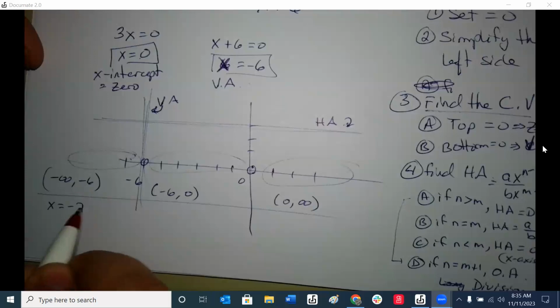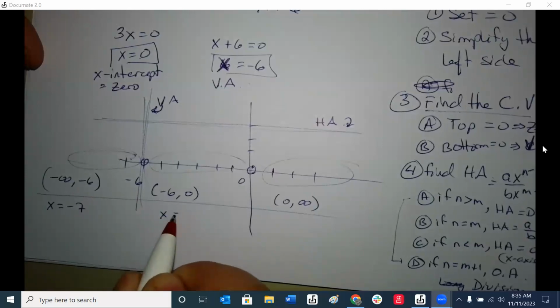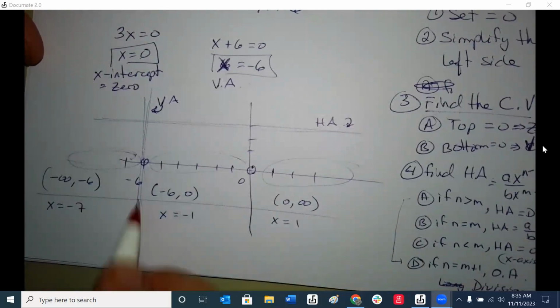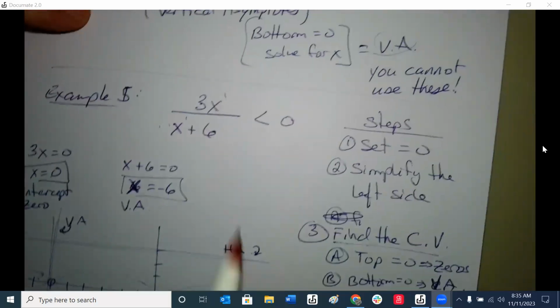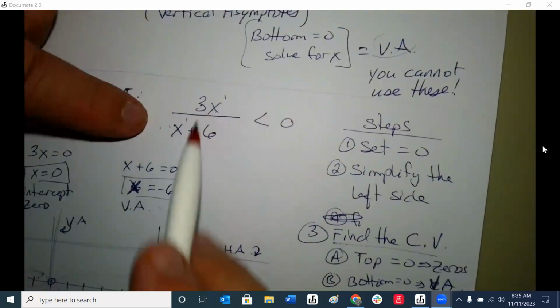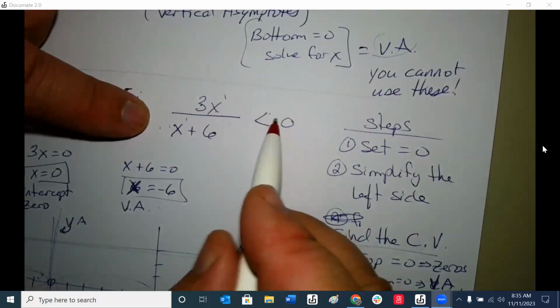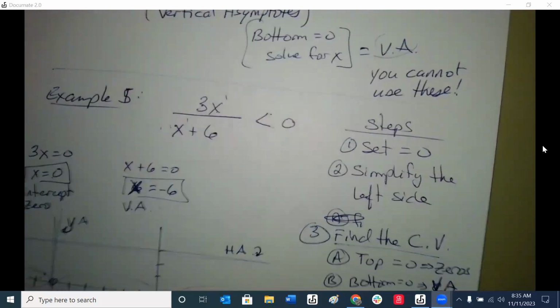Choose my test value. And plug them back, or factor all your numerators and denominators. So factor both top and bottom. I only want negative answers.